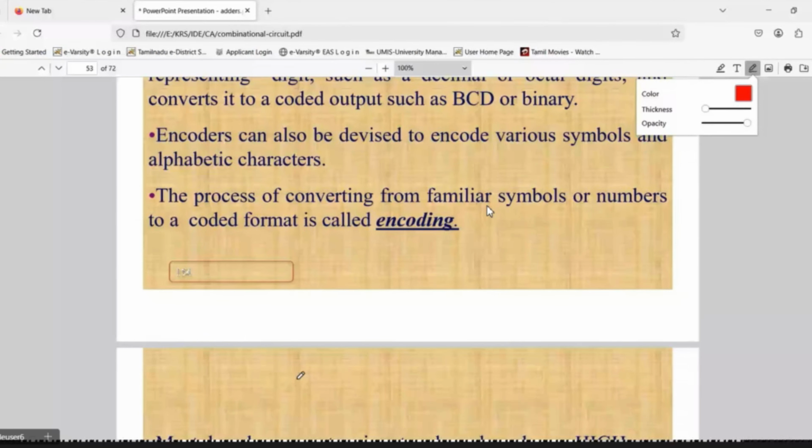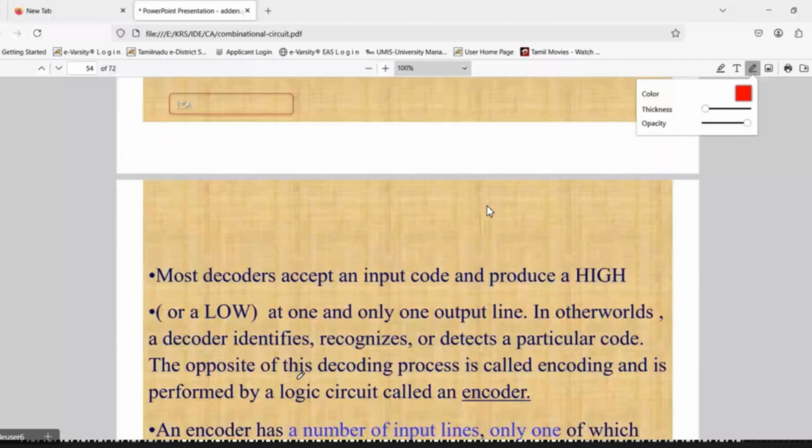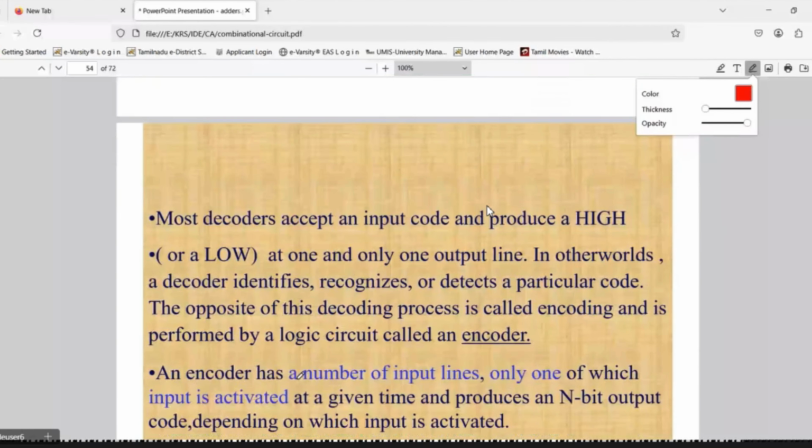Most decoders accept an input code and produce a high or low at one and only one output line. In other words, the decoder identifies, recognizes, or detects a particular code. The opposite of this decoding process is called encoding, and the logic circuit that performs it is called an encoder.